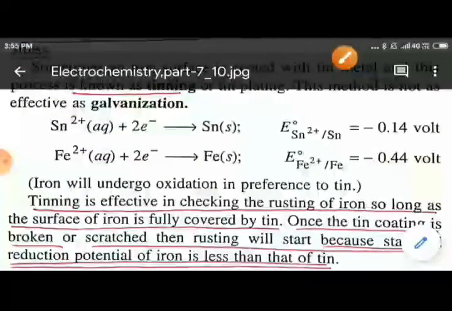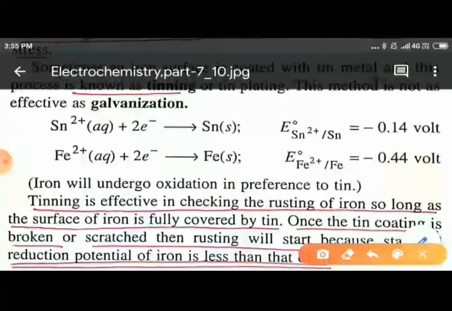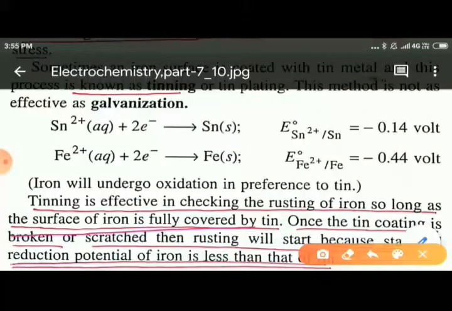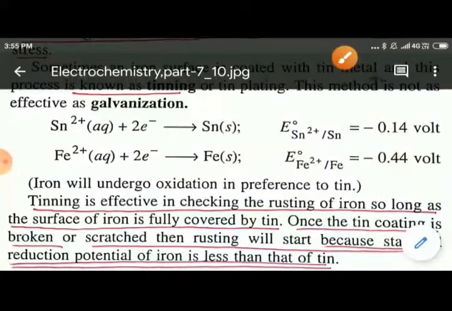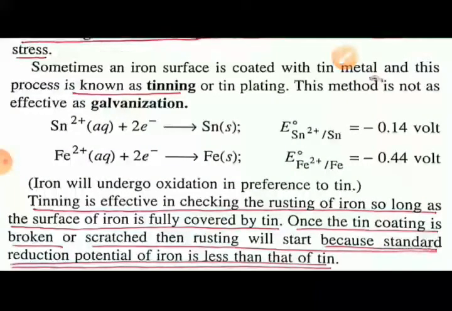Tinning is effective in checking the rusting of iron so long as the surface of iron is fully covered by tin. Once the tin coating is broken or scratched, rusting will start because the standard reduction potential of iron is less as compared to tin.